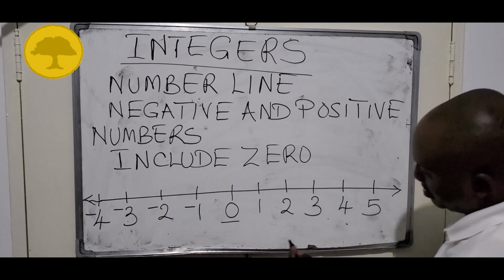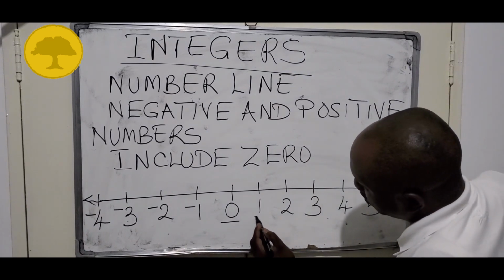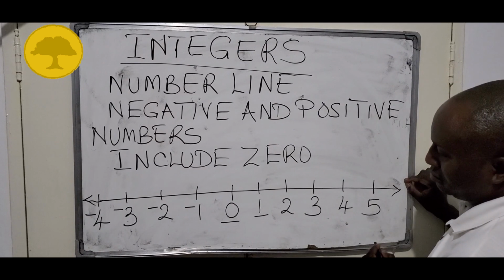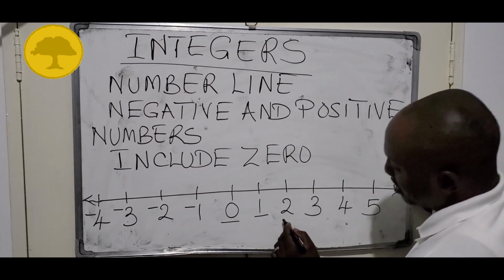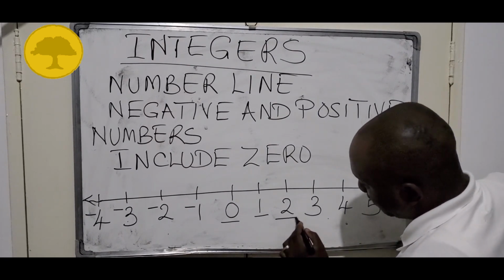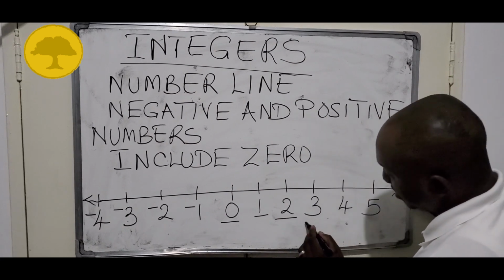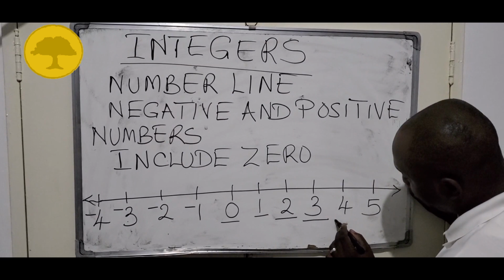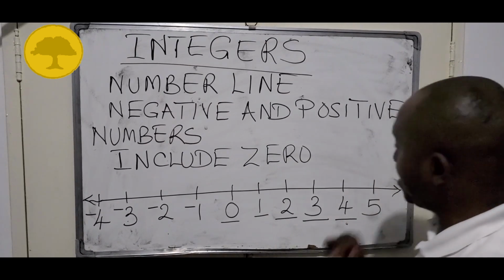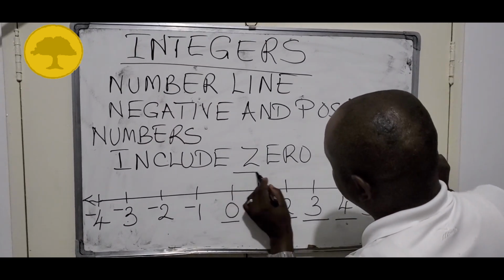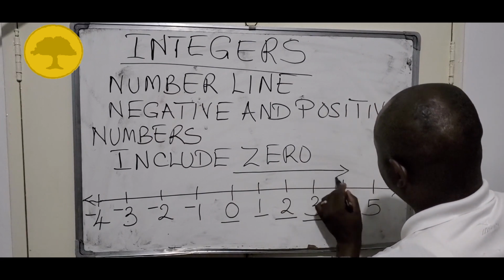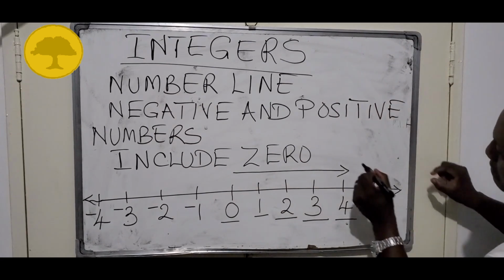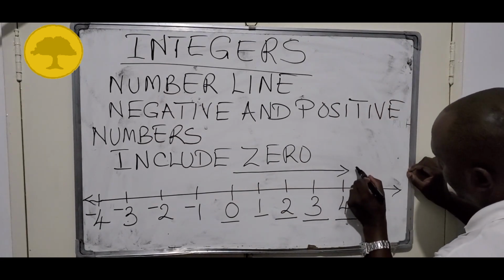So as you notice, if you have 1 apple, you definitely have more apples when you have 2, and you definitely have more apples when you have 3, and you definitely have more apples when you have 4. So meaning, as you move towards the right hand side, the value of your numbers goes up.